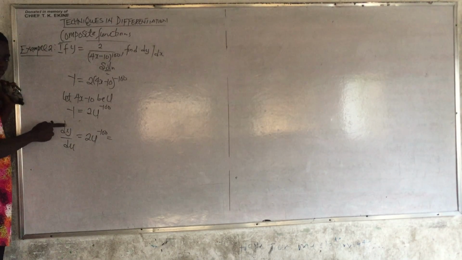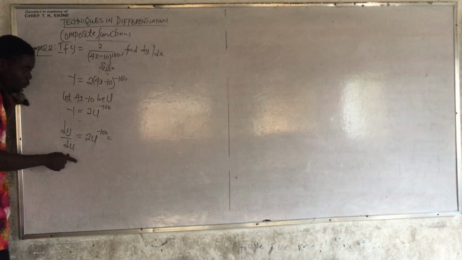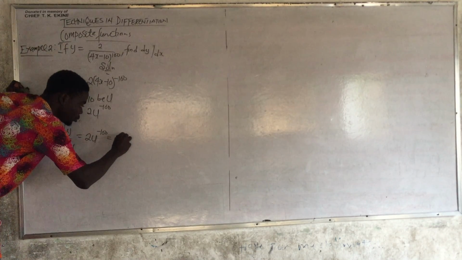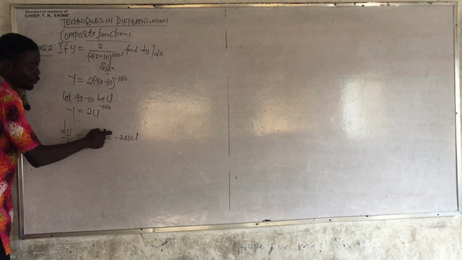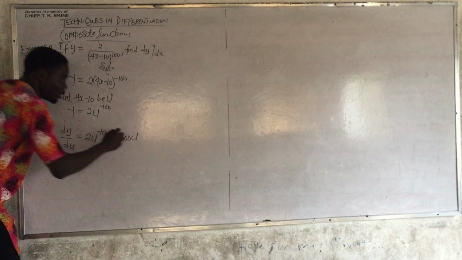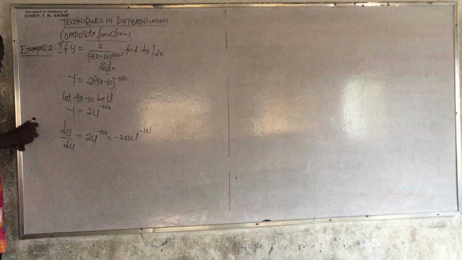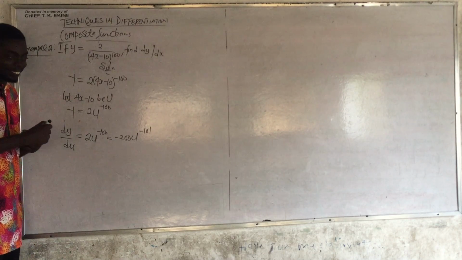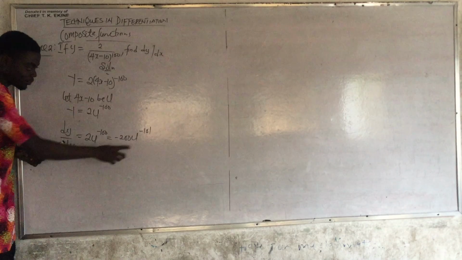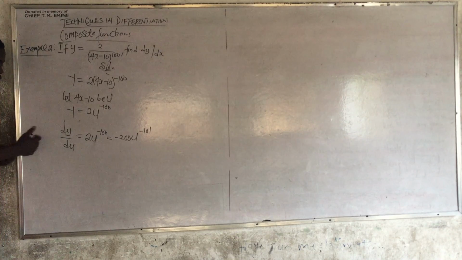If you find the derivative of y with respect to u, minus 100 comes and multiplies 2, you have minus 200. If you subtract 1 from minus 100, it is minus 101, not 99. So that is our dy/du.